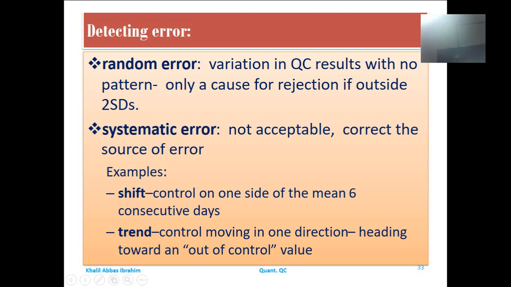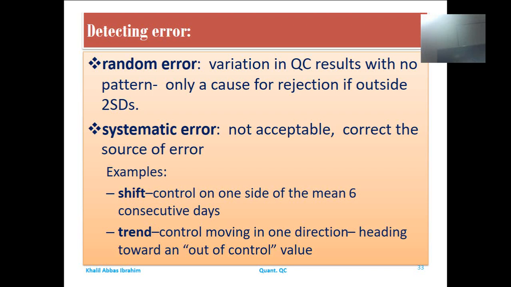Using control program to detect the errors, you need first to identify the types of errors. The first type is random errors, and in this case variations in QC results with no pattern. It is only a cause of rejection if those values lie outside 2 standard deviations, as we said before. So the random error is somewhat accepted unless it lies outside 2 standard deviations, either plus or minus.